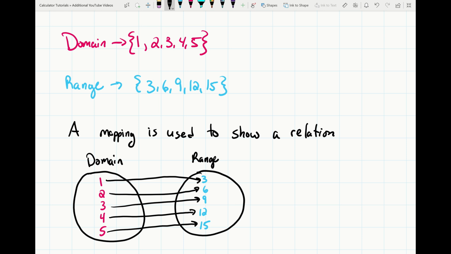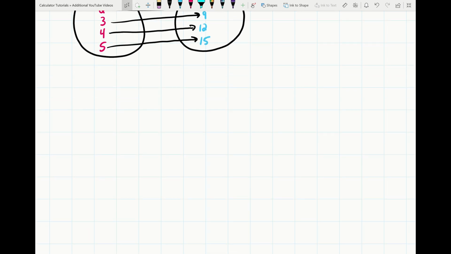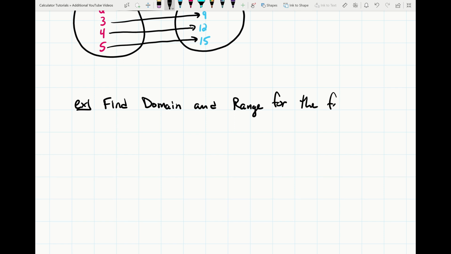Now, this is one way that we can do this, but we can also do this using even a picture. So, example, find the domain and range for the following.